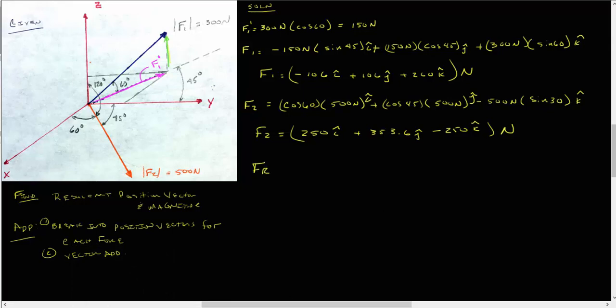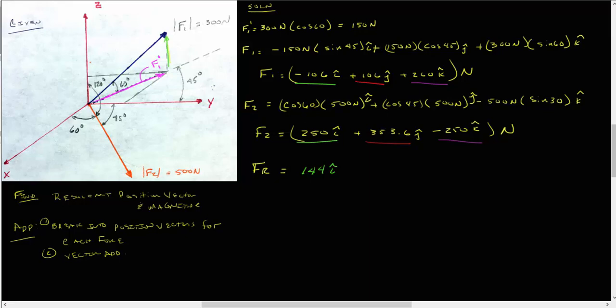So my position vector FR is going to be the x plus the y and the k's. So I can come in and say negative 106 plus 250 is 144i. That's going to be positive.